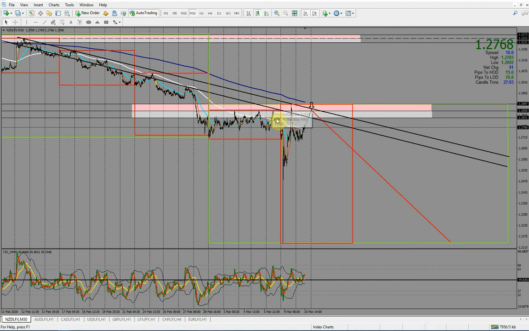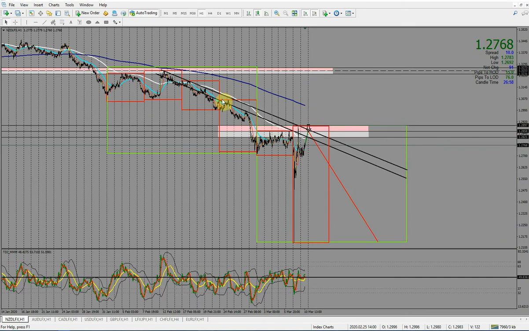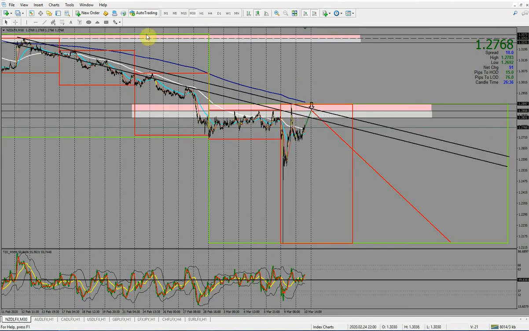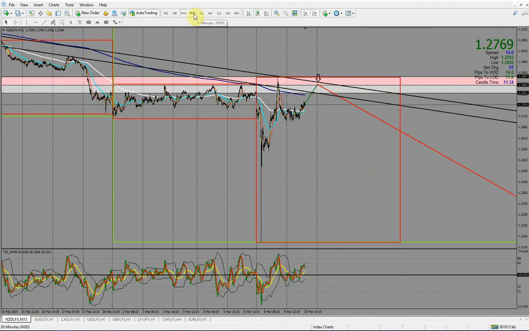As you can see, I've marked two converging resistance areas. It's horizontal resistance, highlighted in this gray shaded area and that pink, to illustrate that from this point onwards I'm interested in going south. We also have that diagonal trend line, so two resistances there going south. It's a very good high probability zone where I'm very interested in taking short positions.